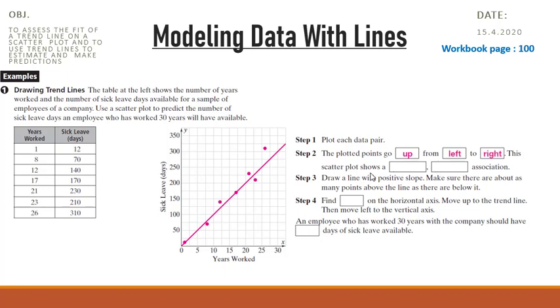So the scatter plot shows positive linear association. And after that, draw the line with positive slope and try to make the number of points above the line the same as the number of points below the line.